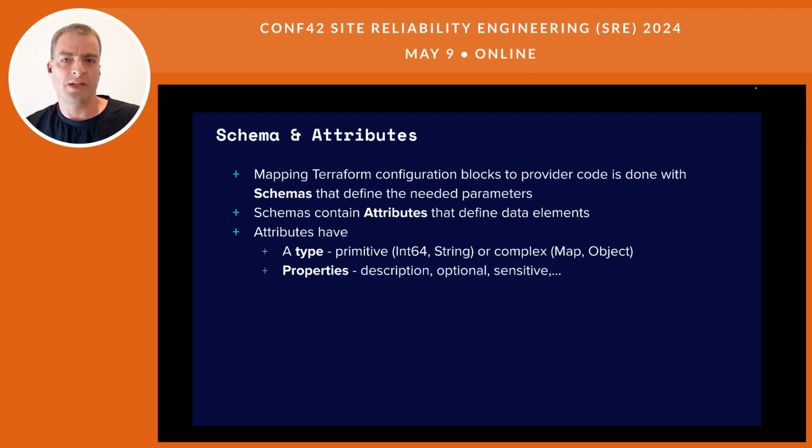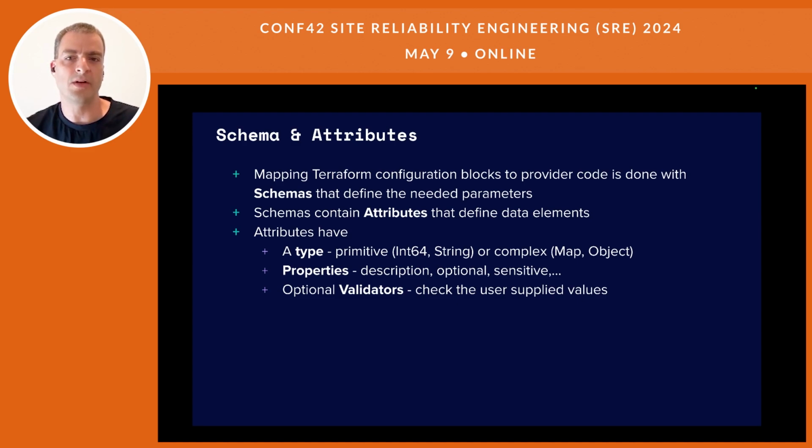Each attribute also has properties, like a description, if it's optional, if it's sensitive, or other properties. And it can have optional validators that check the user's supplied values against what the provider expects, and allow you to not check them later on because they will fail the validation checks.